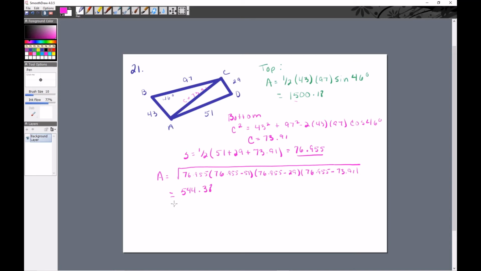And if I go ahead and add 1,500.18 to that, that's going to be 16, carry the 1, so that'll be a 5, and then bring down a 4, bring down a 4, and that'll be 2044 units squared. But they want us to round it to this place, so it's about 2,000 square units.